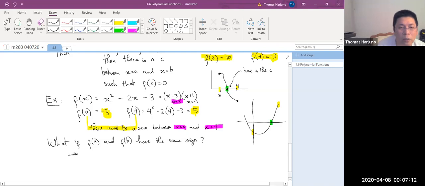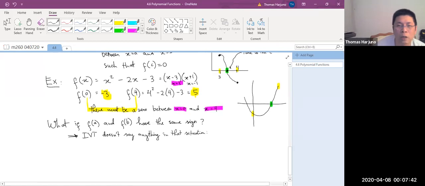Then we say no conclusion, because the intermediate value theorem does not say anything in that situation. Imagine a coordinate system where one point is above the x-axis and another point is also above the x-axis.